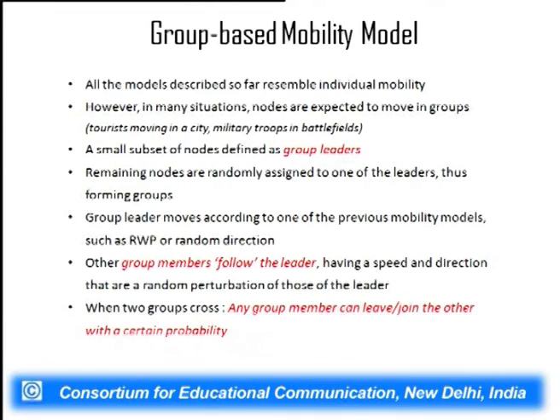One interesting thing is that whenever any two groups tend to cross each other, there can be some members leaving the group and some members joining some other group. There is flexibility in this model, and this can be done as per the decisions the members make, or it can be done with a certain kind of probability.